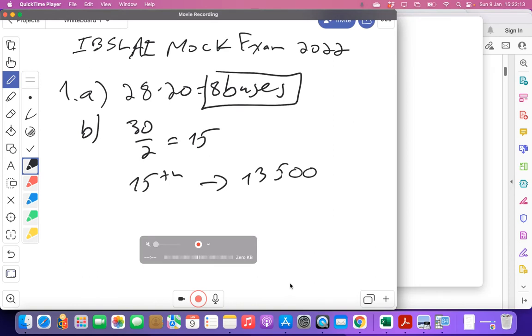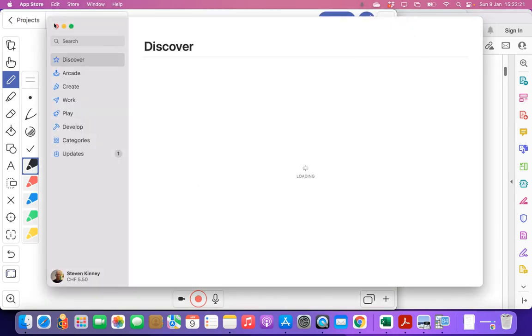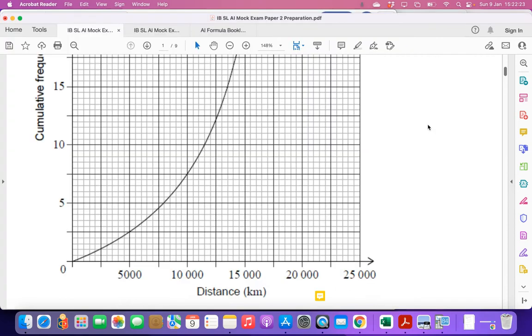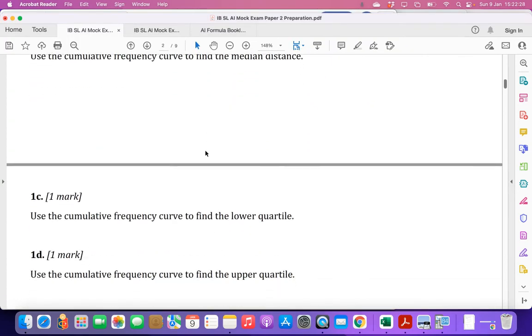Then C: use the cumulative frequency to find the lower quartile. The lower quartile is the 25th percentile, 30 divided by 4, which is 7.5 buses.